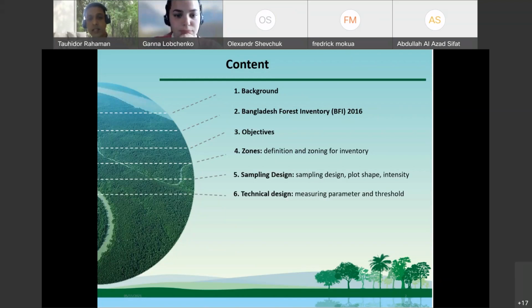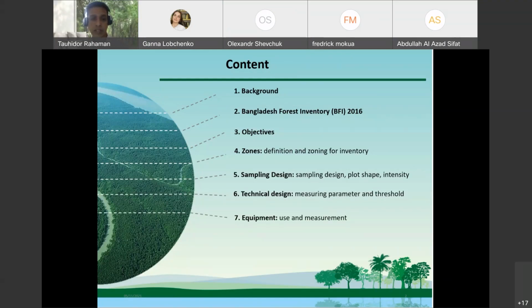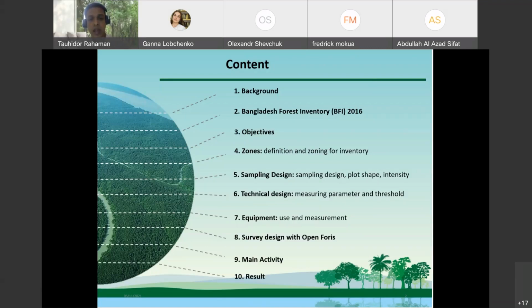We'll also discuss the technical design, how the measuring parameters were fixed and the threshold was determined, the equipment used during the national data collection process, survey design with Open Foris, the main activity of the National Forest Inventory, and the results.